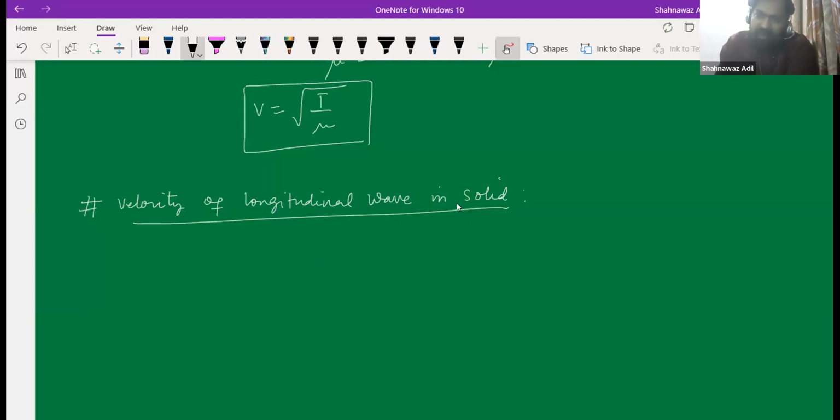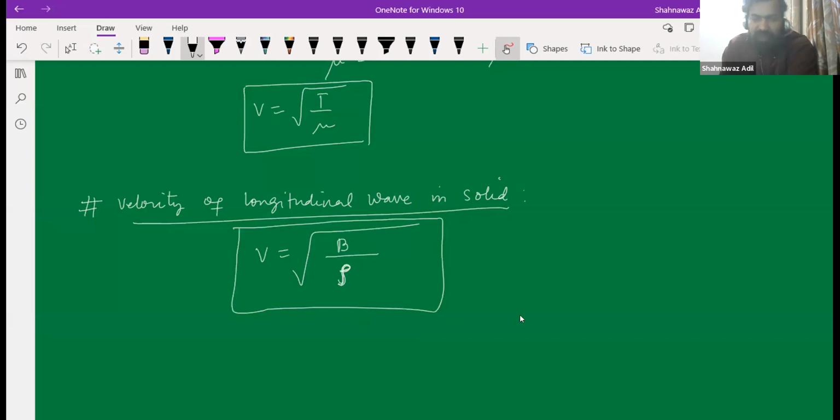If we calculate that, we'll get the bulk elasticity and the density of the solid, root of bulk modulus by density.